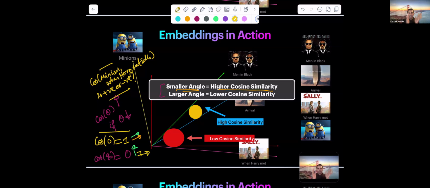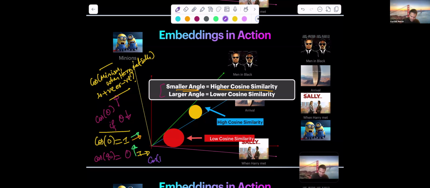They're orthogonal. You're going in one direction, the other is going in some other direction. They're not related. So the angle is 90, but the similarity is 0. So with Minions and When Harry Met Sally, it's the second scenario, right? They're kind of going away from each other. There's no alignment.